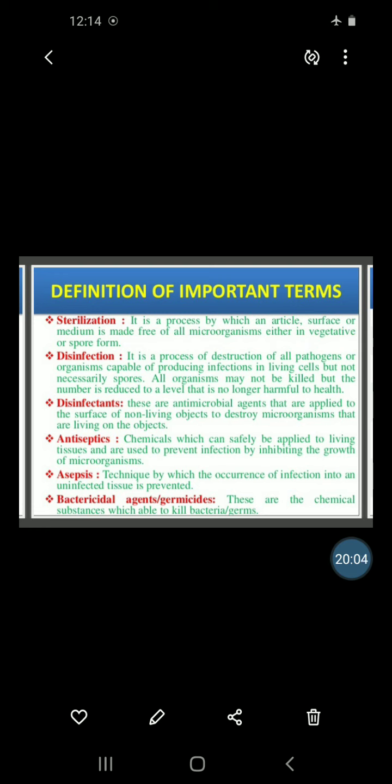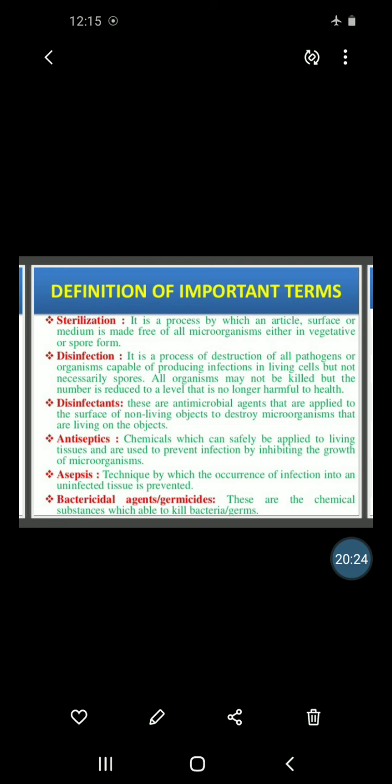Here the thermostable material is placed on racks inside the hot air oven. Then in the closed oven, hot air is circulated at a particular temperature and time.